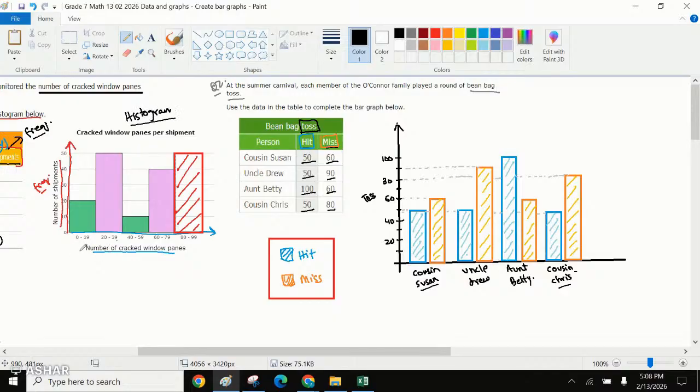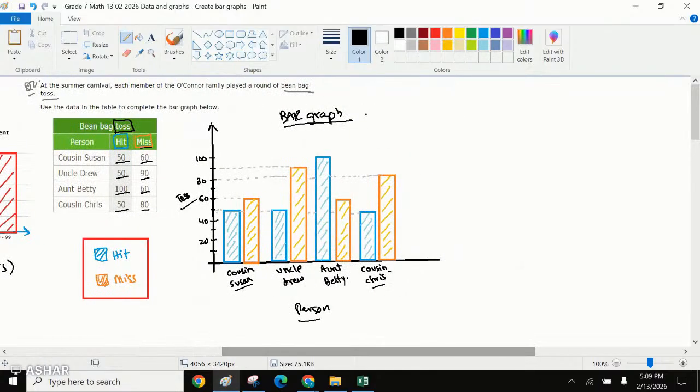No gaps between bars. But in a bar graph, this horizontal axis was the name of the person, and this was the tosses. This is a bar graph, and the bars can have gaps between them. Do we agree that we have drawn a bar graph from the given information?